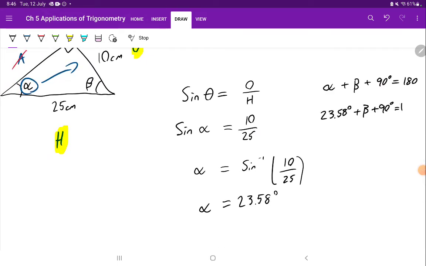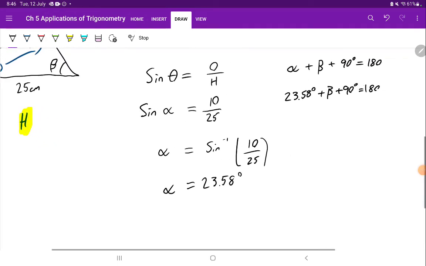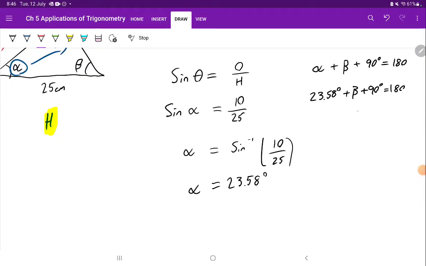So we should subtract 90 from both sides, and that gives us 23.58 plus beta equals 90, and then we could subtract 23.58.